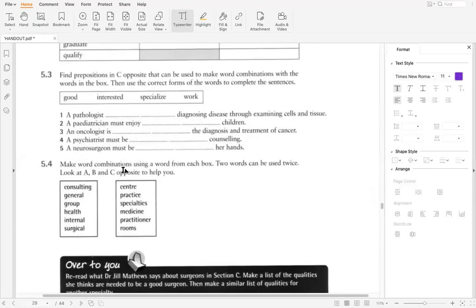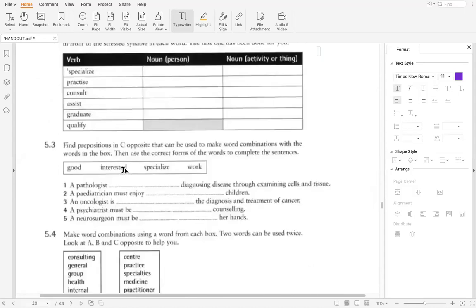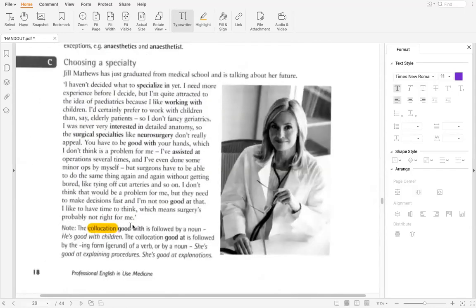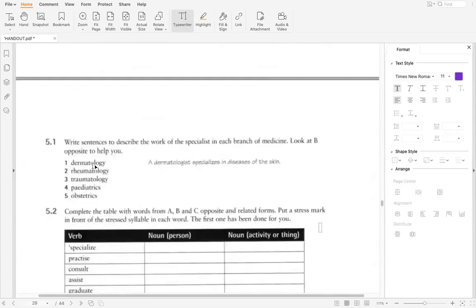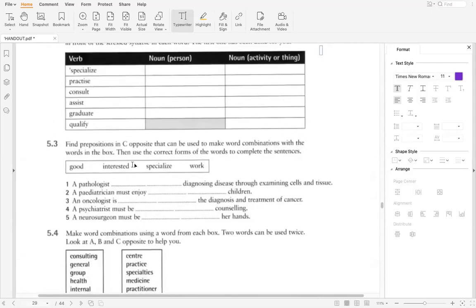Let's move to the next exercise. Find prepositions in C, in this part, that can be used to make word combinations with the words in the box. We have good, interested, specialize, and work.